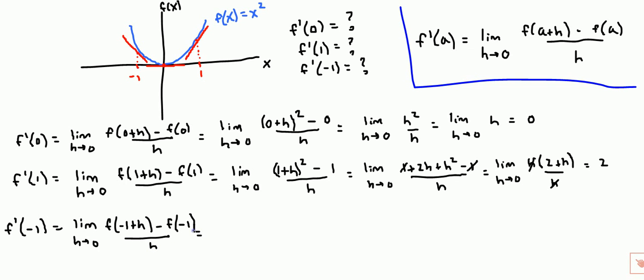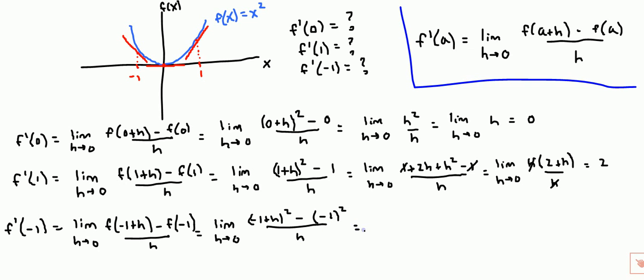Plugging in. What's f of -1? F of -1 is -1 quantity squared, all divided by h.